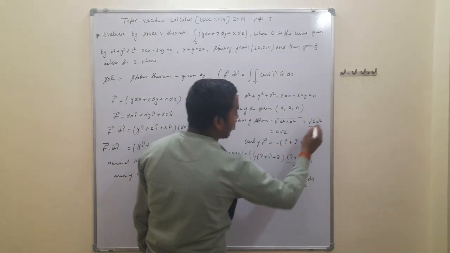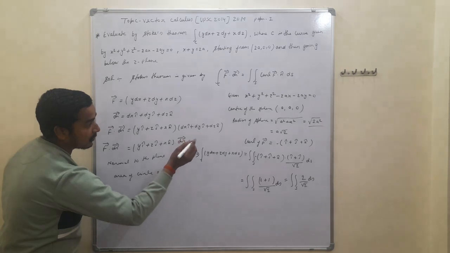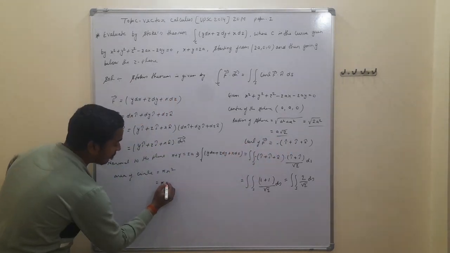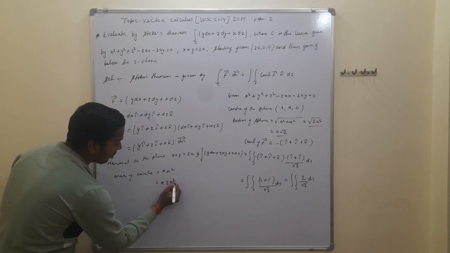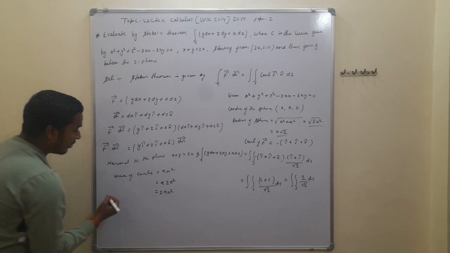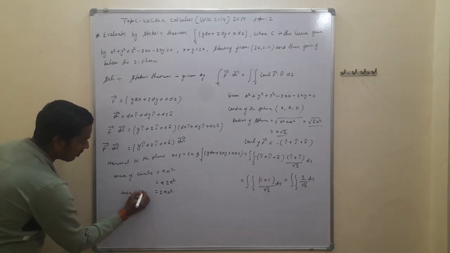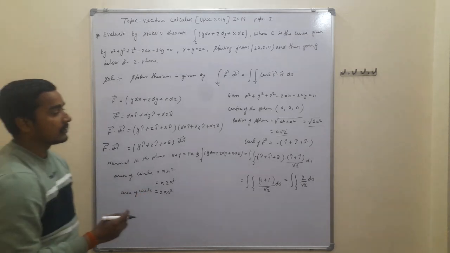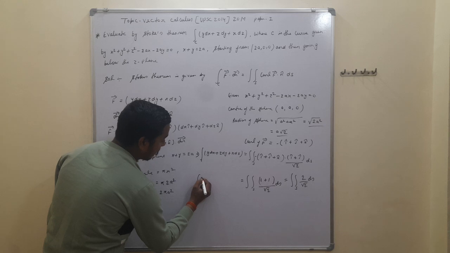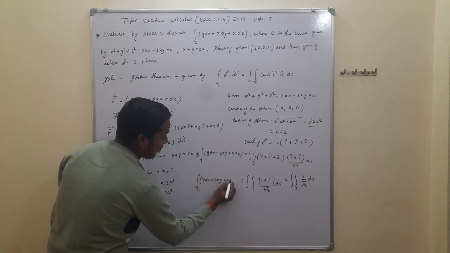So in place of the radius we put root 2 a, giving pi times 2a squared, so 2 pi a squared is the area of the circle, represented by ds. So the closed integral over c of y dx plus z dy plus x dz.